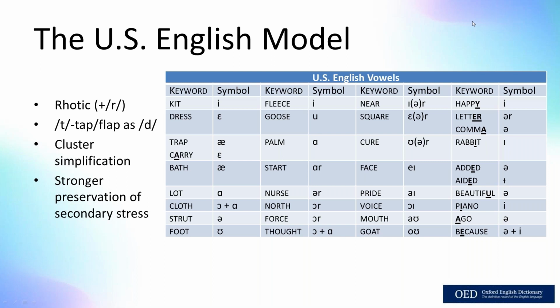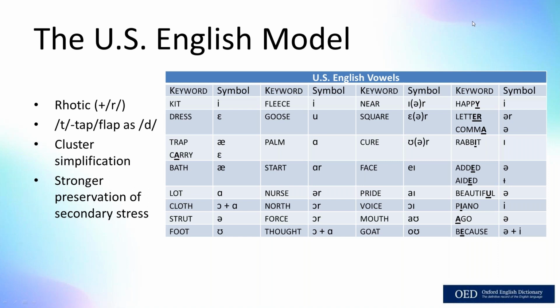And like all variant pronunciations in OED, shouldn't be interpreted in any way as an ordering by frequency or popularity. We do something similar with the British English trap-bath sequence. We present those in a fairly routine order that's not to do with frequency or popularity per se.